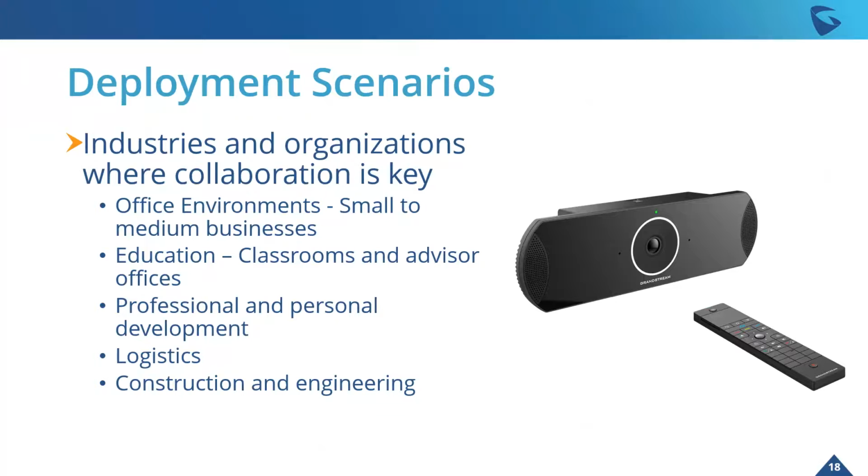Professional and personal development, whether it be professional training or personal development in the sense of home care, or possibly even cooking, or even music lessons. We've heard this type of device, the GVC3210, utilized. Logistics can definitely have a big impact, especially because you have so many people so spread out. It's hard to bring them all into one space. The 3210 is a good deployment situation for that.